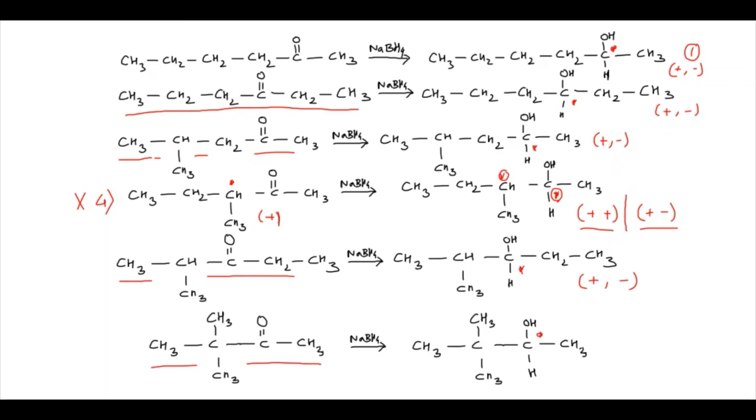Hence again plus minus enantiomers in the same amount, hence racemization. So 1, 2, 3, 4, 5: 5 among the 6 ketones are going to give a racemic product after reaction with sodium borohydride.